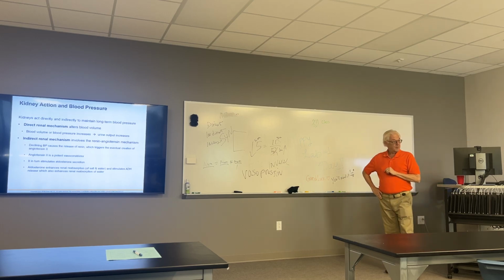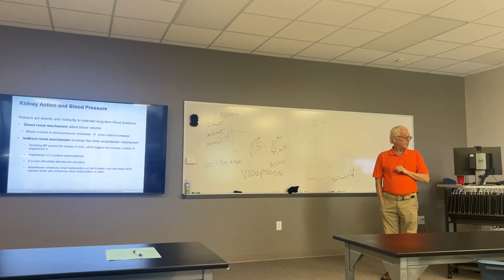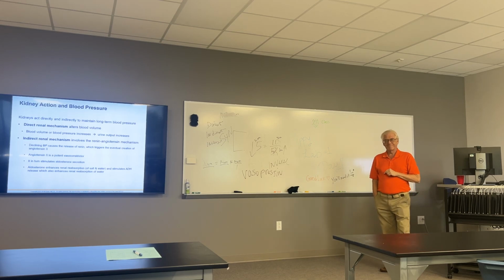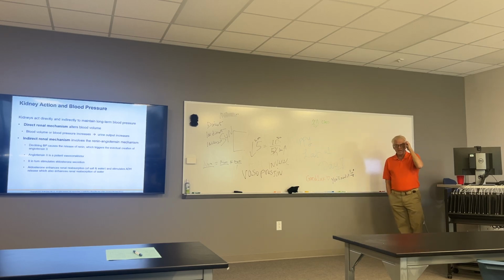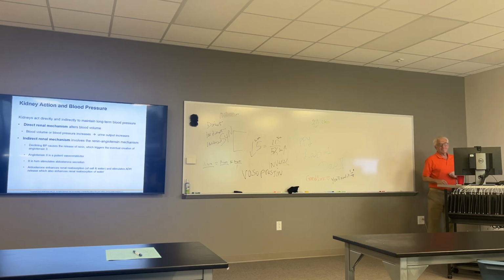So direct is pee or don't pee. Indirect is creating angiotensin so it can tell your blood vessels to tighten or not. Pee or don't pee is direct, because that's your kidney saying, I'm gonna pee or I'm not gonna pee, okay?